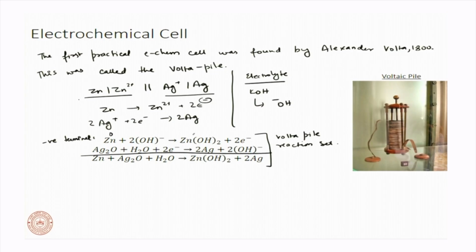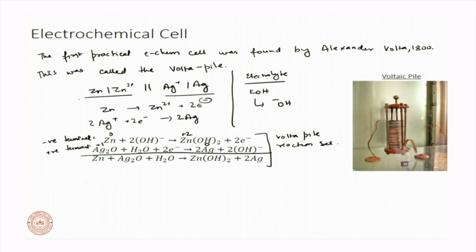The zinc is going from 0 state to 2 plus state and giving out 2 electrons. The silver is getting reduced by accepting those 2 electrons at the positive terminal, and it is going from plus 1 to 0 state. So, this is a net reaction that is happening in the Volta pile.